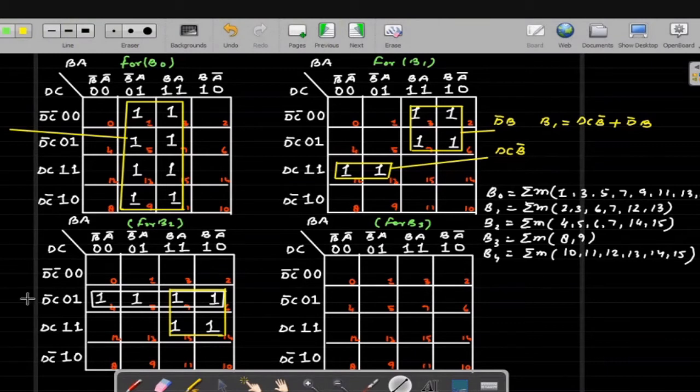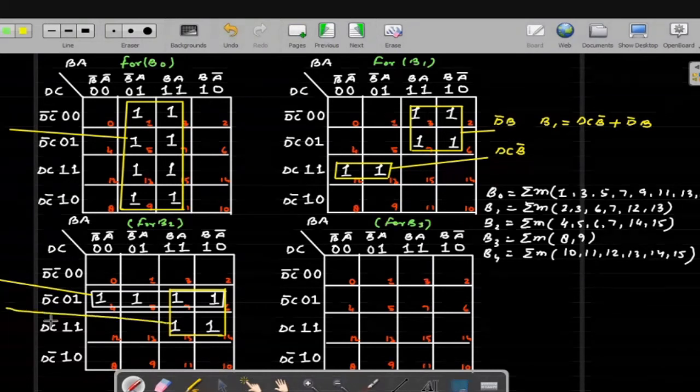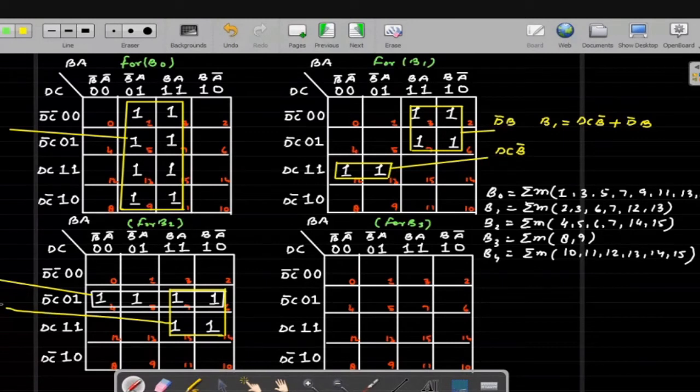So when you solve it, tell me how you can write it. This is D bar C, and this is BC. Row wise, what is common?